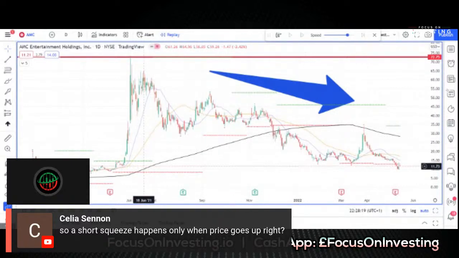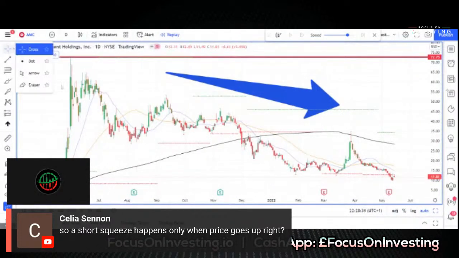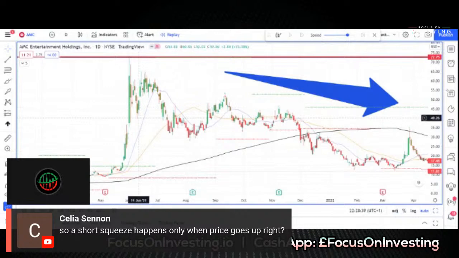The short squeeze took place all the way up until the 2nd of June. The moment the price started going down, the short squeeze was finished, right? Because you are now no longer squeezing, you're releasing. The squeeze comes from price going up and remaining high, and people are being squeezed because they can't exit their position and they have to continually pay their fees to the broker who they borrowed the stock from, right?